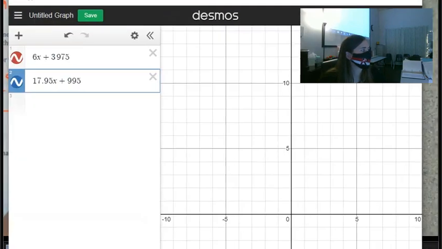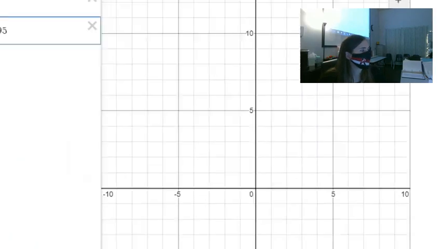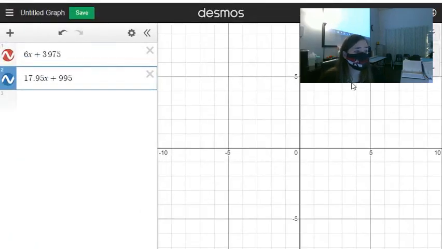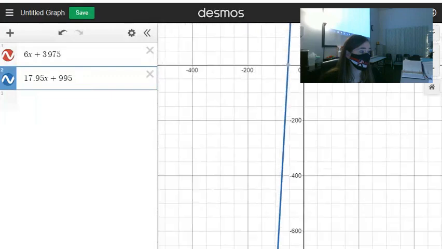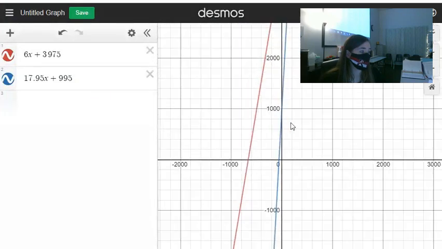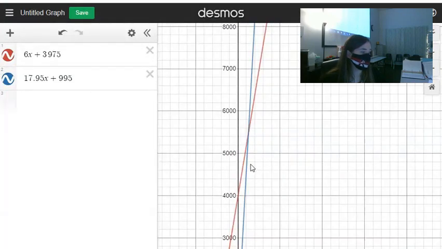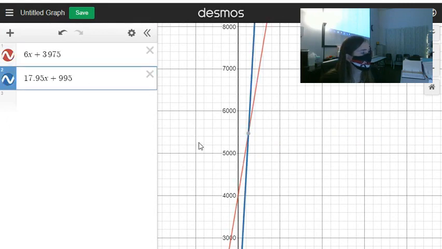There we go. And remember, your Desmos only goes out to 10, so we need to either use the zoom out, or if you have a mouse like I do, you can scroll outward. There we go. We've got our 2 lines. And you can click on this or this one, but you guys see our gray dot there.